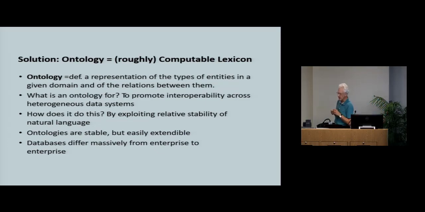The answer is that database engineering, for various reasons, uses all kinds of codes. And these codes might be alphanumeric strings, or they might be acronyms, or they might be shortened forms of words. And part of the reason for this is because screens in the olden days, which is 10 years ago still, were small.